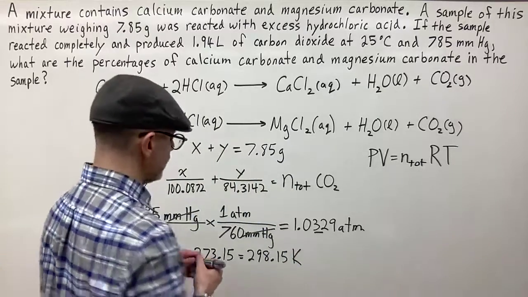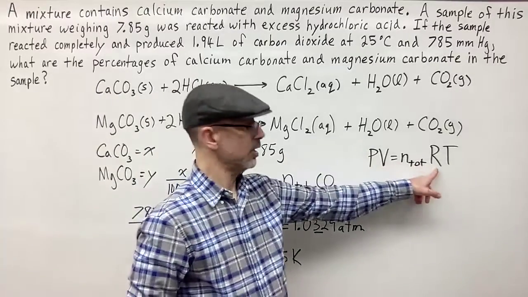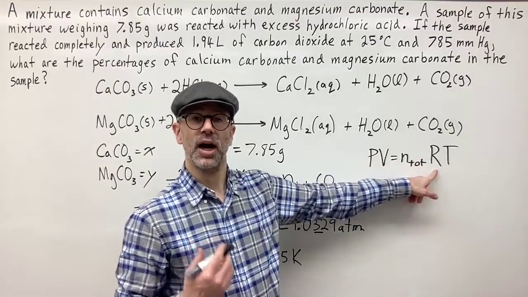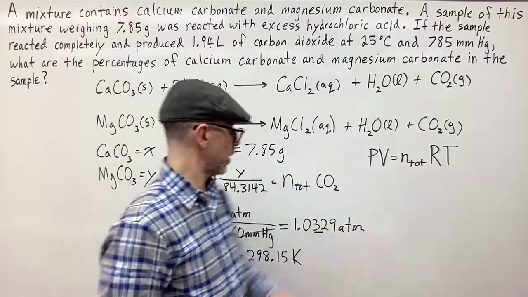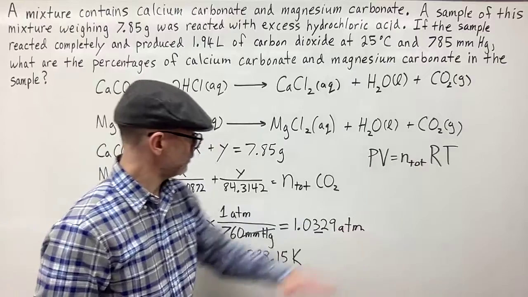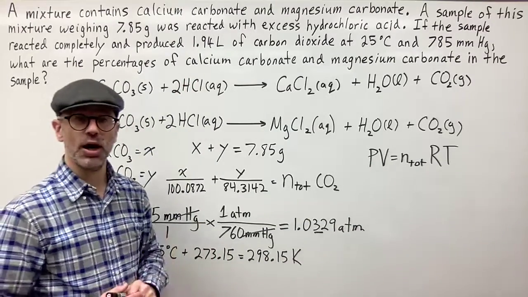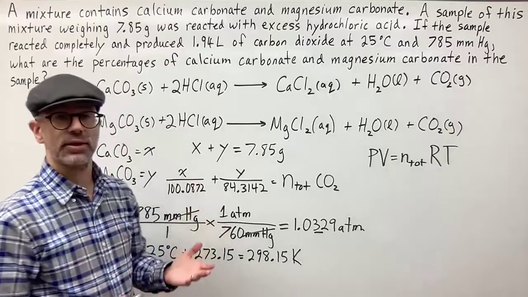And again, the reason we want to convert to Kelvin is because our R constant here has the units Kelvin in it. So we want to cancel that out with Kelvin here. So we've got atmospheres, we got Kelvin, and we want liters, and we have liters for our volume. So we're good with everything.